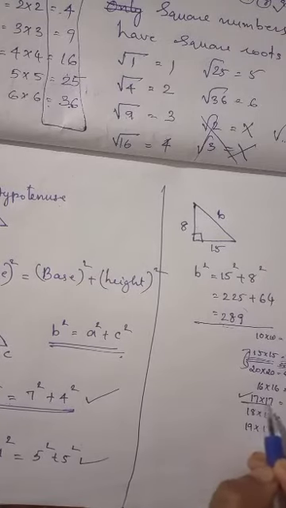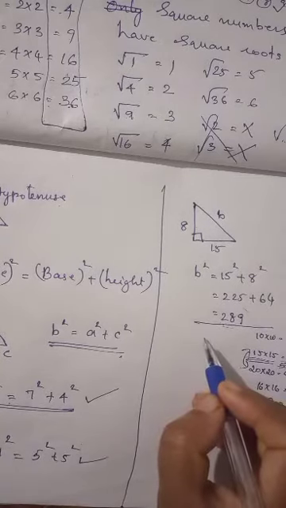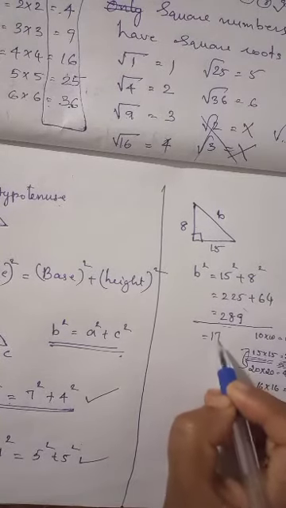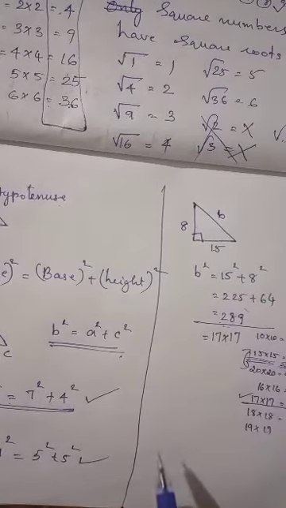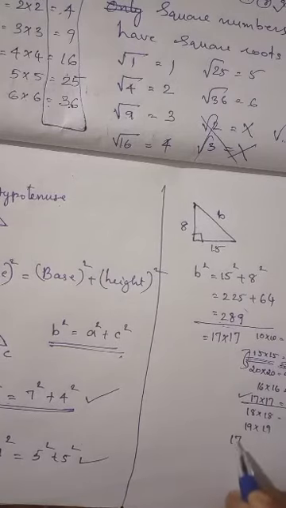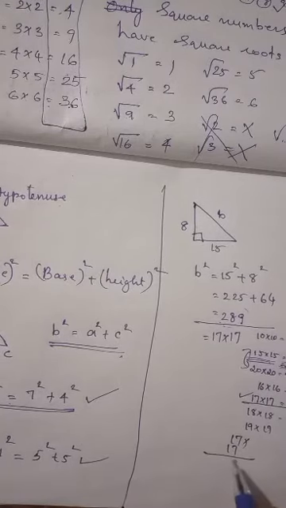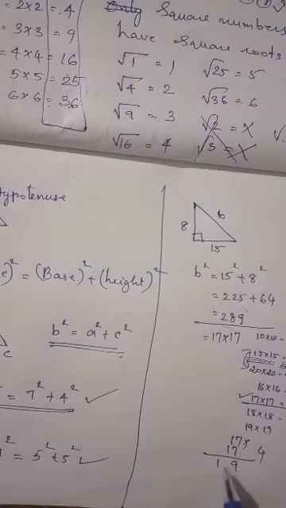So the possibility is 17 into 17. Let us check by multiplying 17 into 17.